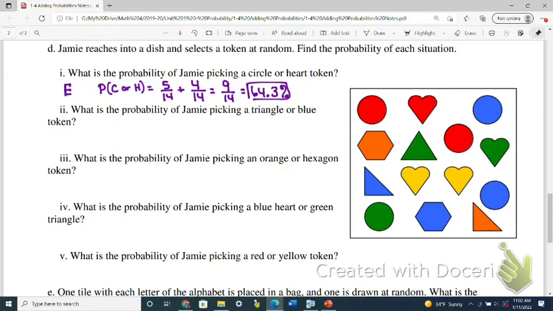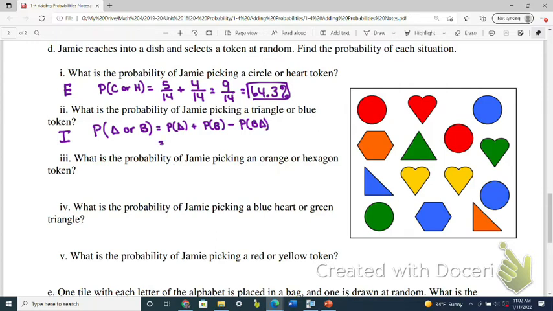The second one was the probability of picking a triangle or a blue token. So I need to ask myself, do I have any triangles that are blue? I do, therefore these are inclusive. So the probability of triangle or blue is going to be the probability of the triangle plus the probability that it's blue minus the probability that I have a blue triangle.